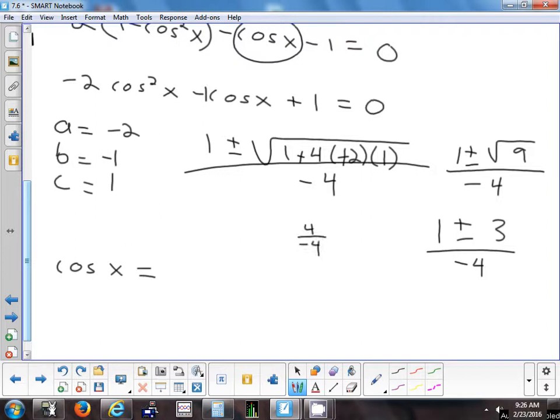And what's 4 divided by -4? -1. Okay, so there's one answer. Cosine x equals -1. Or cosine x equals, Dalton, what's 1 minus 3? -2. And what's -2 divided by -4? 0.5. Yep, 0.5 or 1/2.